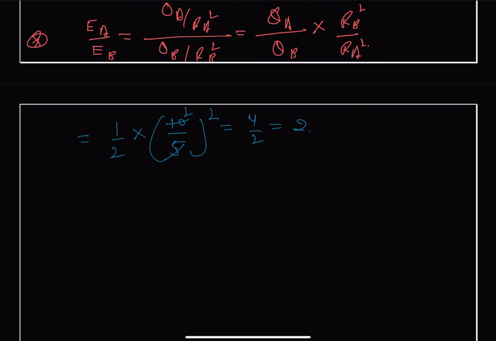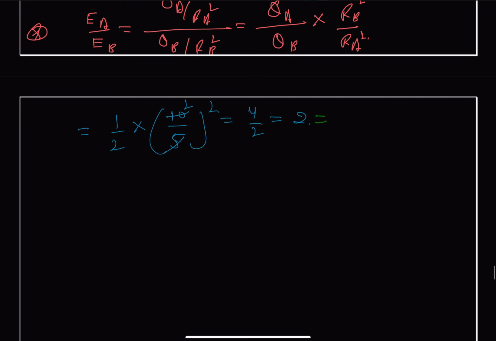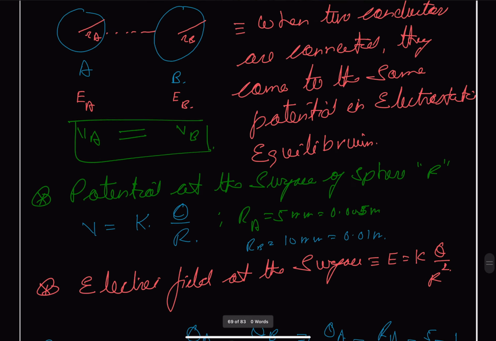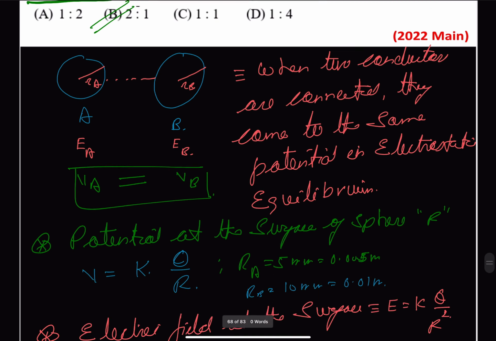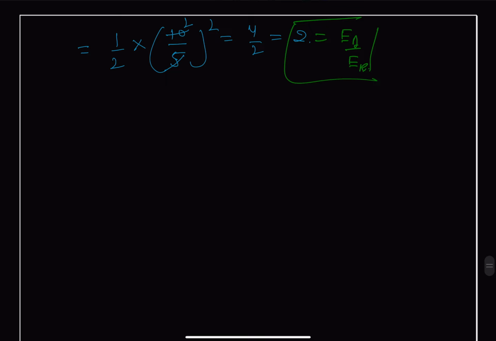Therefore, this is our ratio of electric field EA upon EB. So the answer is 2:1. Option B is correct.